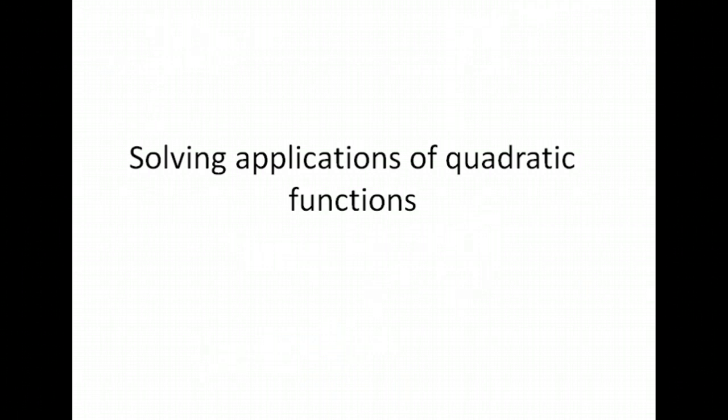So let's talk about a few applications. Here's one. Find two positive real numbers whose product is a maximum. Okay? So we know we're going to be dealing with a quadratic function at some point. And where the sum of the first and 2 times the second is 36.